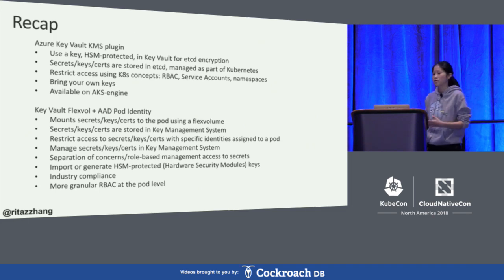And as I demonstrated earlier, this is available on AKS Engine, if you are interested in hosting your own Kubernetes cluster on Azure. I just want to mention that this is probably not applicable if you're using a managed Kubernetes service, because chances are that they should really manage this for you, so you shouldn't have to worry about this. For example, AKS would just manage all this for you.